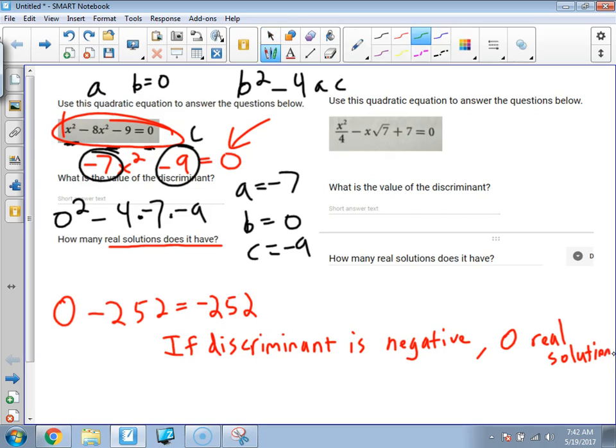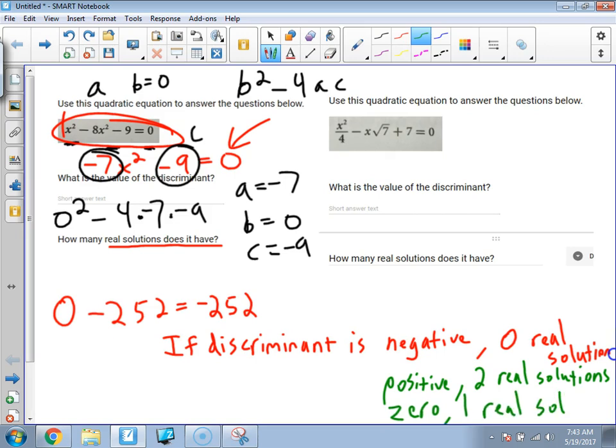If the discriminant is positive, then you have 2 real solutions. And last but not least, if the discriminant equals 0, if I found out what b squared minus 4ac was and it gave me a value equal to 0, then there's 1 real solution.